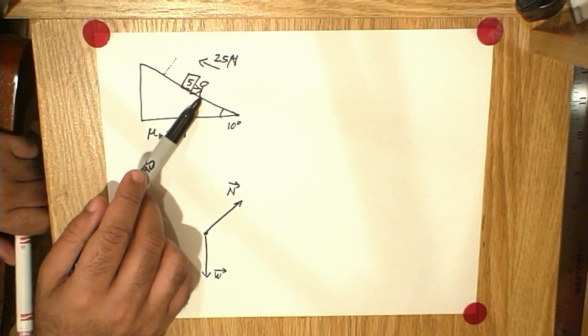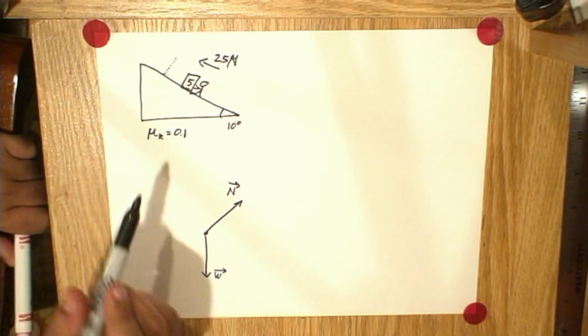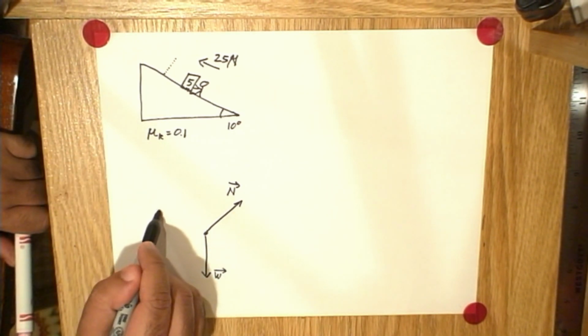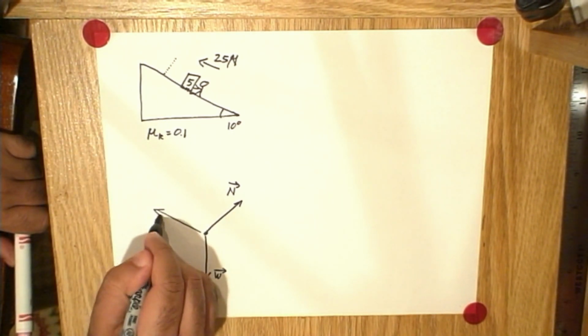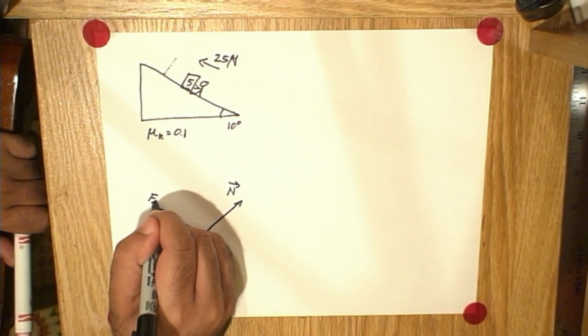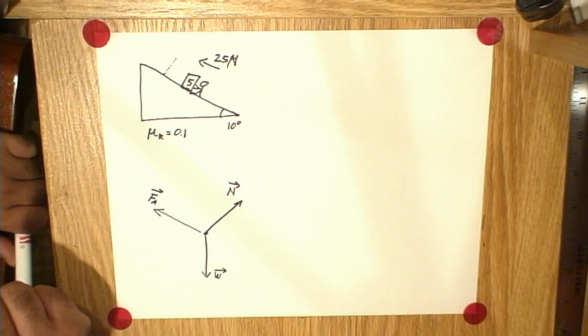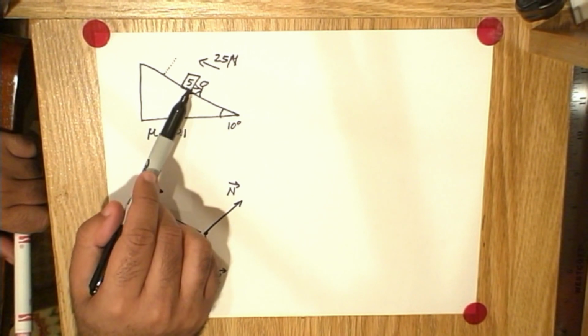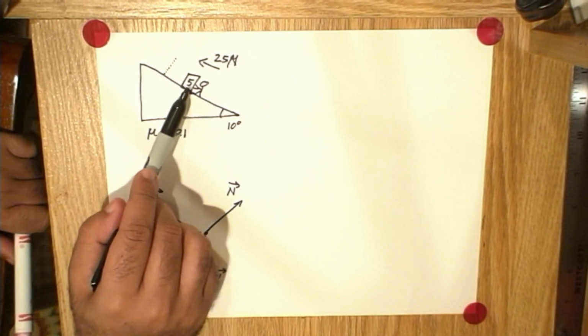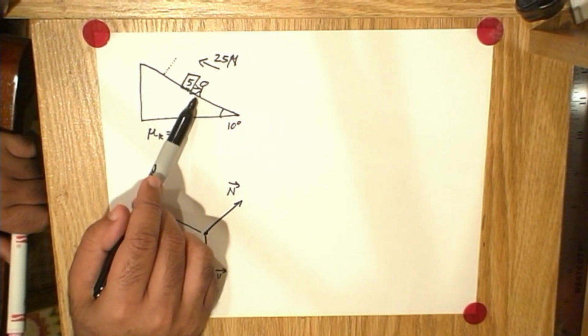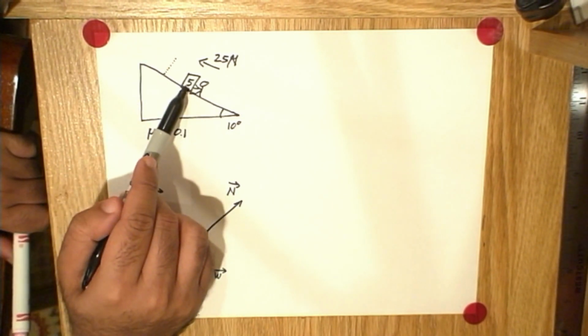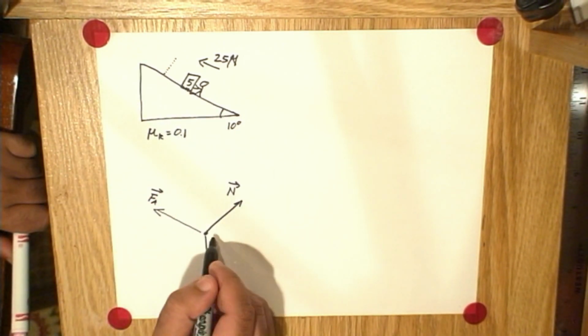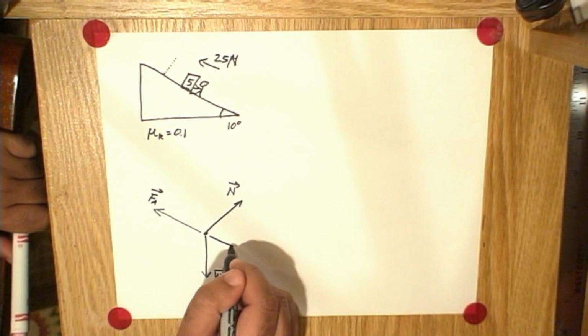Our hero is pushing it up the ramp, so that would be along the ramp like this direction. There's our applied force. And finally, friction is going to point opposite the direction of motion. So since the box is moving up the ramp, friction has to point down the ramp. And this would be kinetic friction, like so.